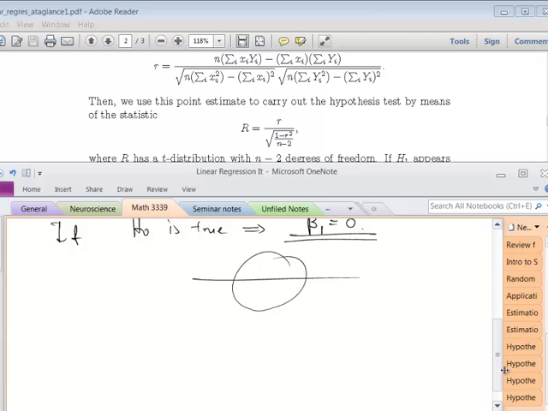Now I mentioned that we call y the response variable, and we call x the explanatory variable.